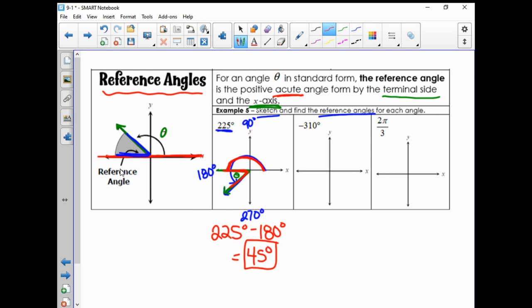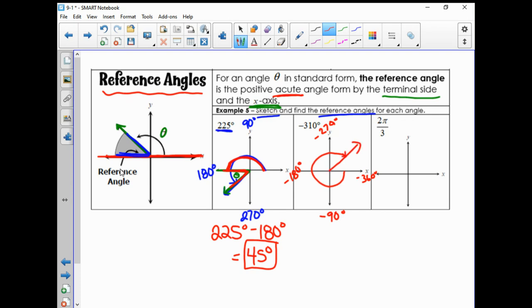Okay, for this next one, negative 310, let's look here. So this is negative 90. I just write it the other way. Negative 180, negative 270, and then this would be negative 360. So notice if I'm going to go negative, I'm going to go clockwise right here, and I'm going to go clear over into quadrant 1 right here.